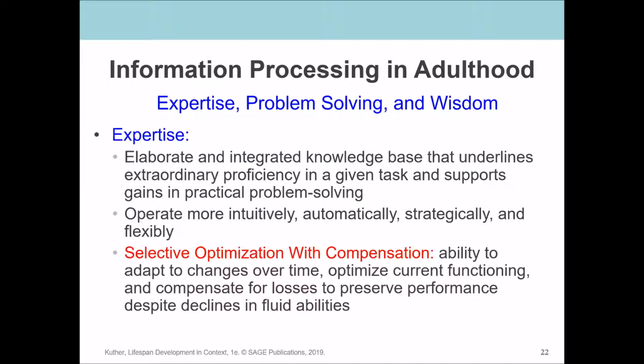Now, in those who are aging optimally, we see selective optimization with compensation. So this is adapting to changes over time. A person may be losing their eyesight, and maybe glasses aren't really helping out that much anymore. So even though they used to be quite a prolific reader, they can't do that as well anymore.